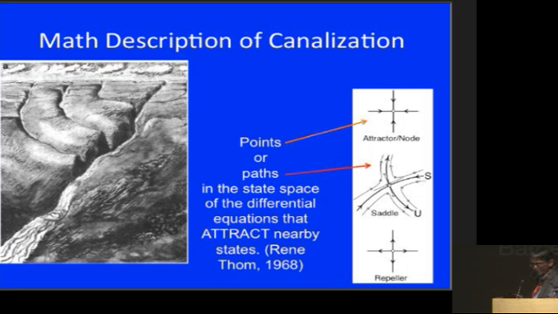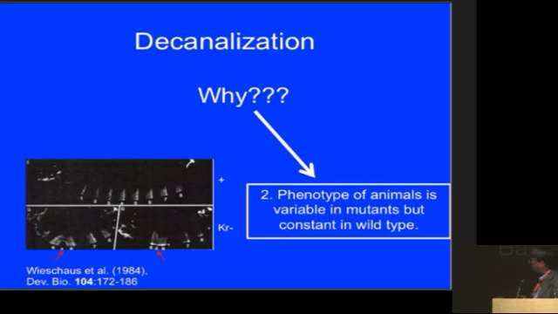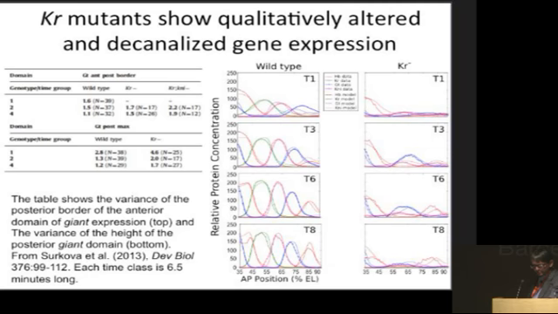Now, we've published some things on canalization, but today I want to talk about decanalization. Why? The phenotype of animals is variable in mutants, but constant in wild type. How does that come about? Well, first of all, let me give you a specific example at the level of gene expression.